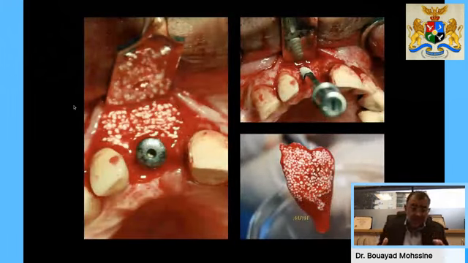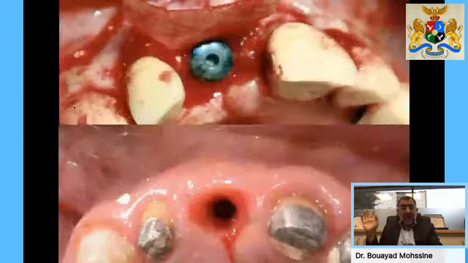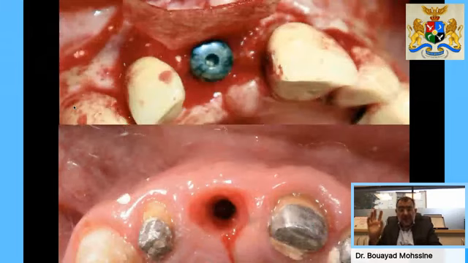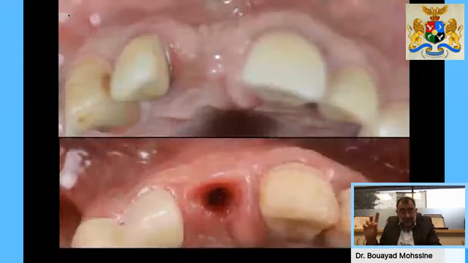In this case, we placed the implant in the same stage and the bone grafting to recreate a good volume of bone. We cover the bone with the collagen membrane, and we create a new vestibular bone tissue, the bone tissue and the soft tissue.